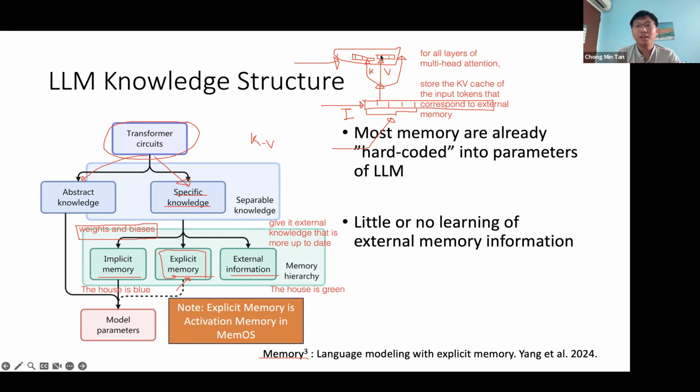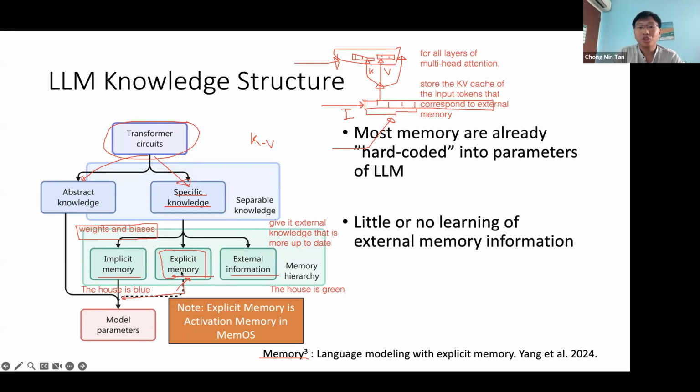But the transformer's base weights and biases are not altered. Okay, so there's this dotted line here. This dotted line means that, that's why I say here, most memories are already hard-coded into the parameters of the LLM. For external information, there's very little learning, because this dotted line means that you might actually put it inside the LLM in some way, be it using the input tokens or the activation cache.